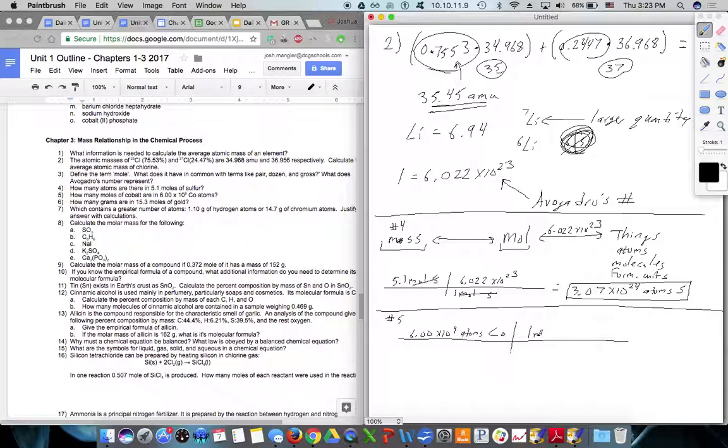Here's our mole on the top, and our Avogadro's number on the bottom this time. So we end up with a really small number, 9.97 times 10 to the minus 15th moles. There you go. All right.